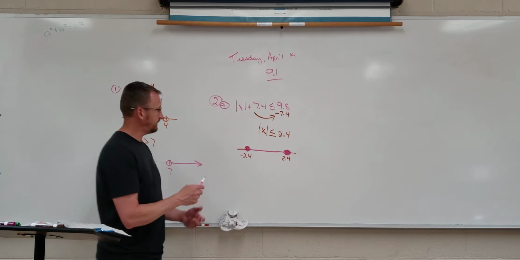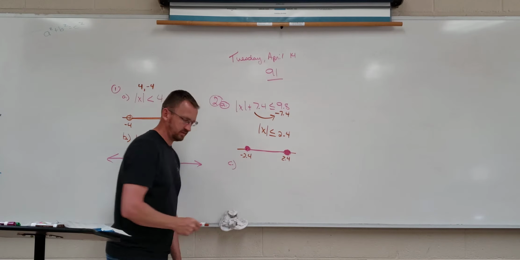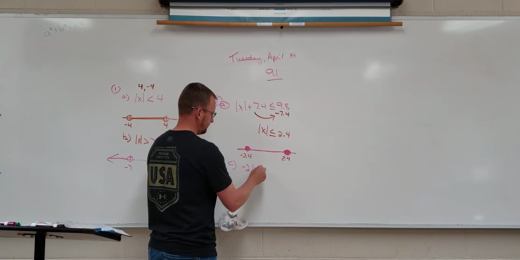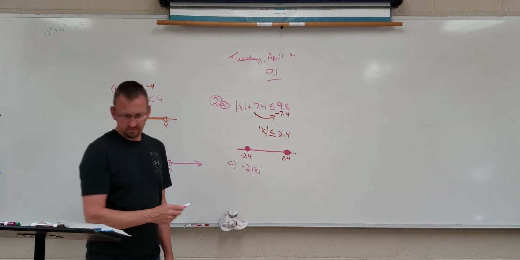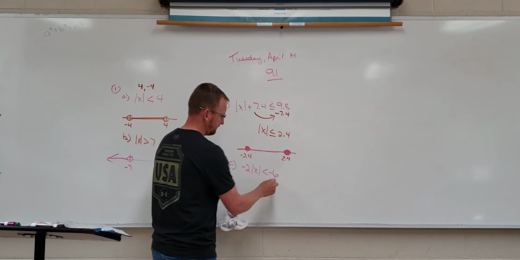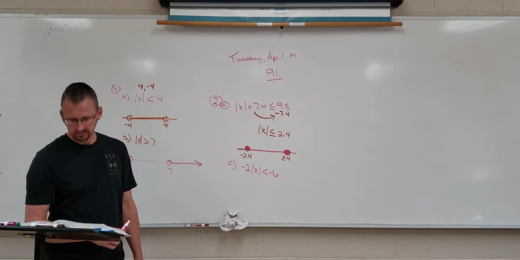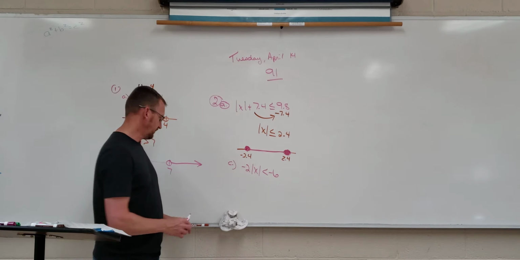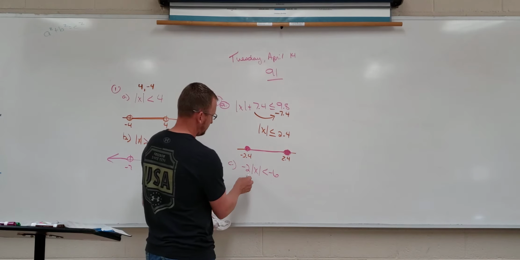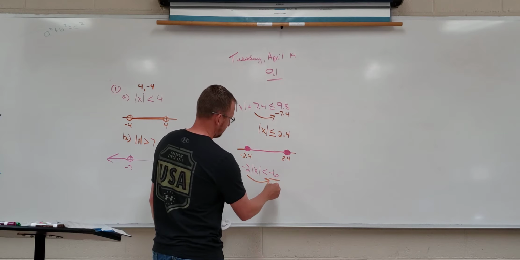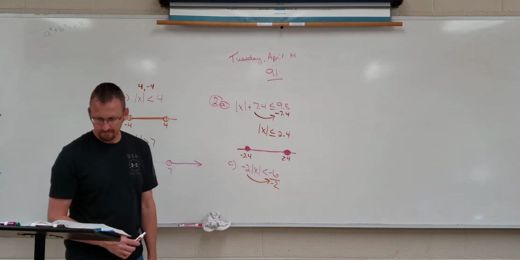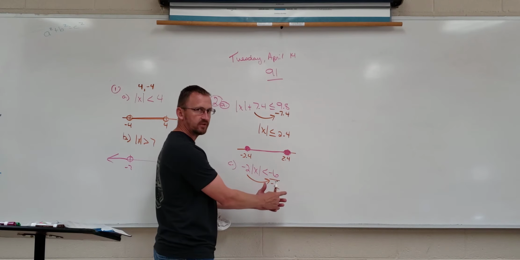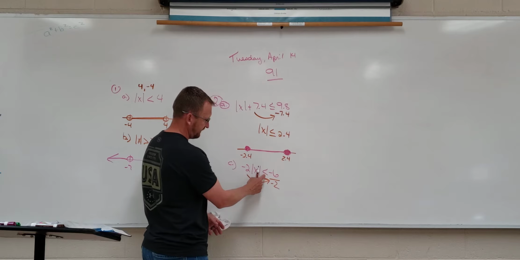Okay? Hop down to C. Negative 2, absolute value of x is less than negative 6. Now, side by side means we're multiplying. So that means I need to take it over and divide by negative 2. Hopefully you remember it goes back. When we take a negative across our inequality, it flips this inequality.